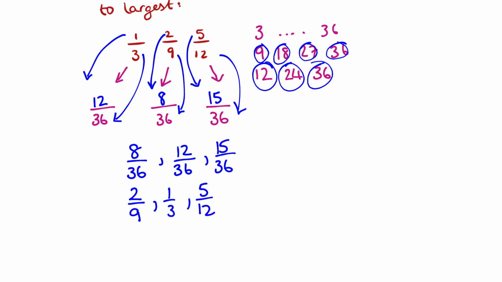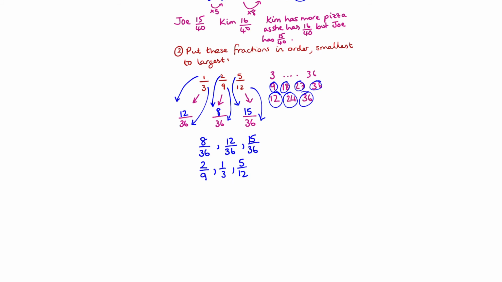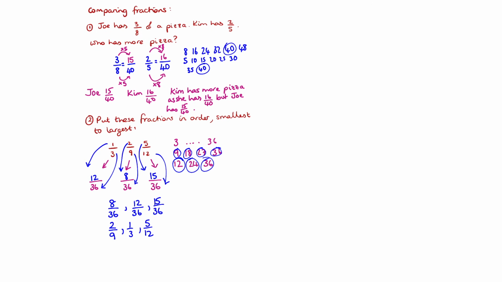So that's putting the fractions in order, smallest to largest. It wouldn't be okay to leave it at this because they're not the fractions we were given originally. We would need to put them back into the form that they were given in the question. Okay, so what we've looked at there is comparing fractions.